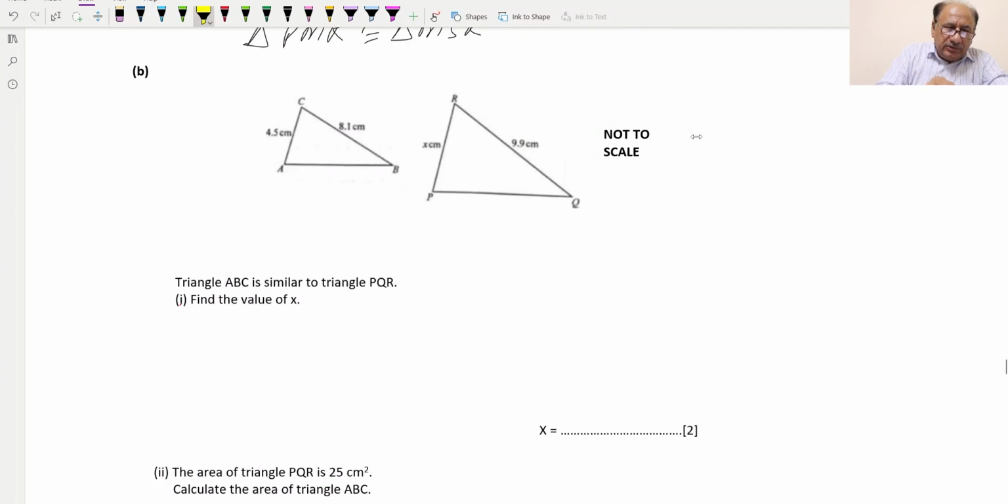Now B part says diagrams are not to scale. Triangle ABC and PQR. Find the value of x.